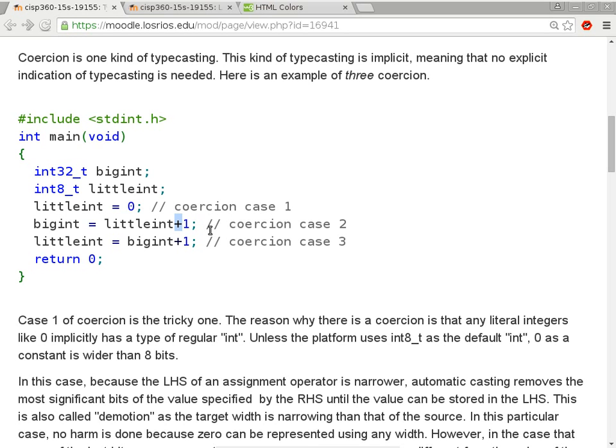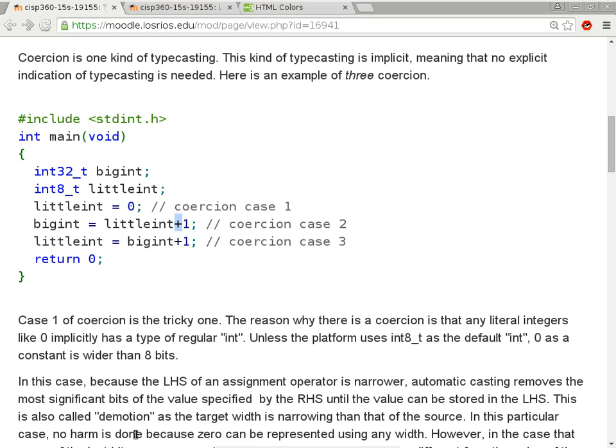What do you think? Coercion needs to happen every time you have a different width with an operator. Okay, the answer is the plus. The plus operator is the one that triggers a coercion in this case, not the assignment operation.